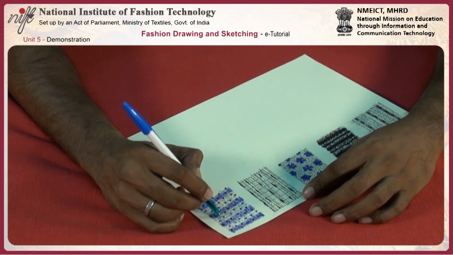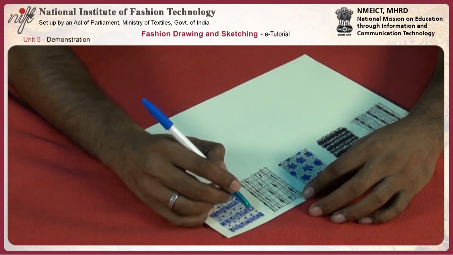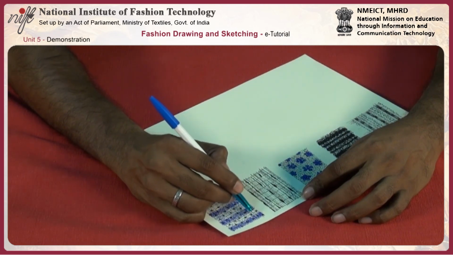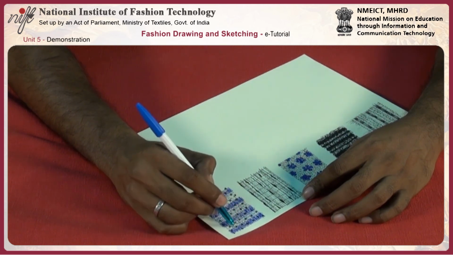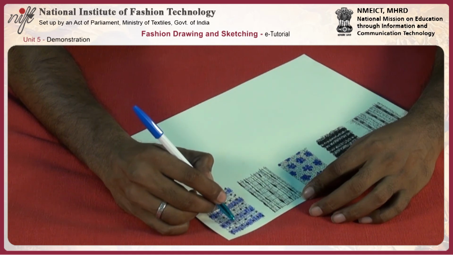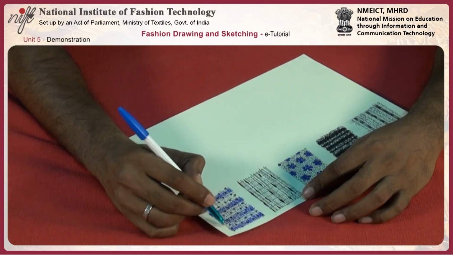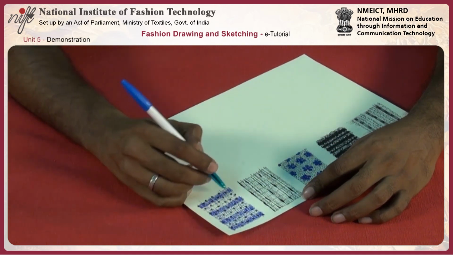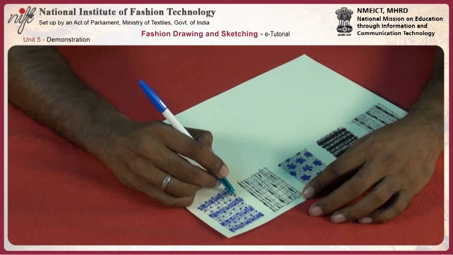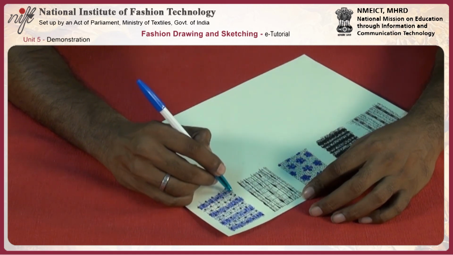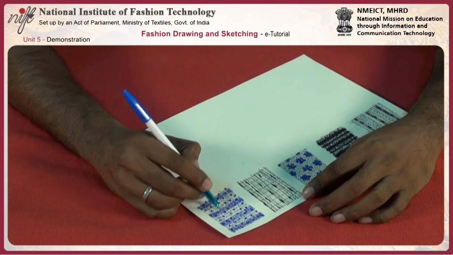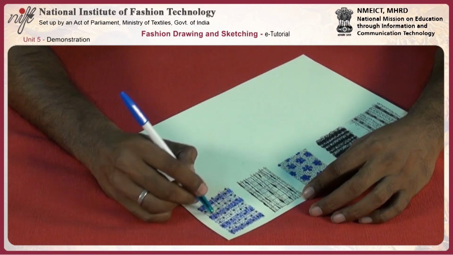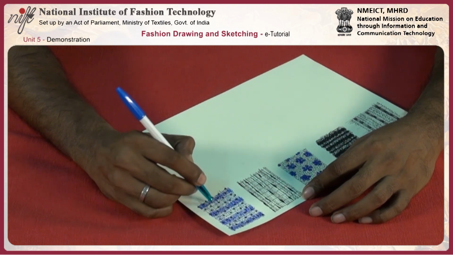Previously, when I added darkness to the blue stripes, my strokes were much closer to each other. But right now, the strokes that I am drawing are placed away from each other so that too much of darkness is not visible in the rendering.